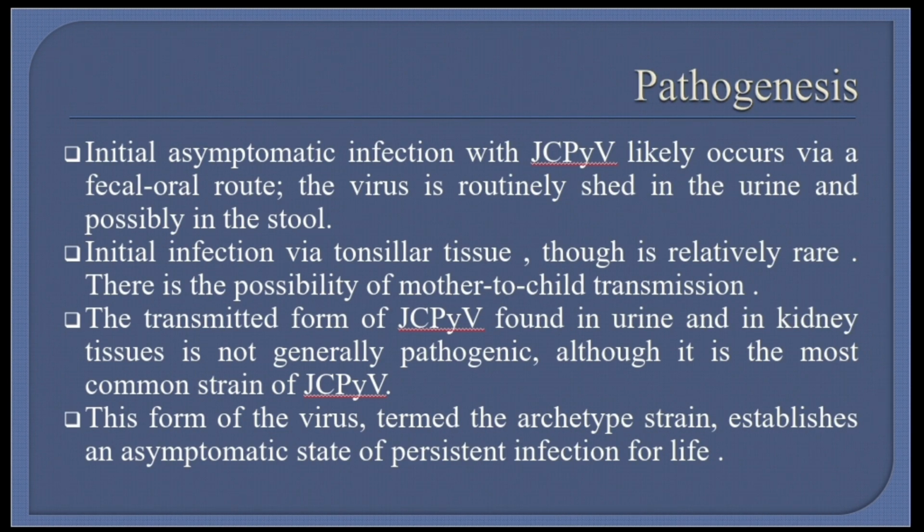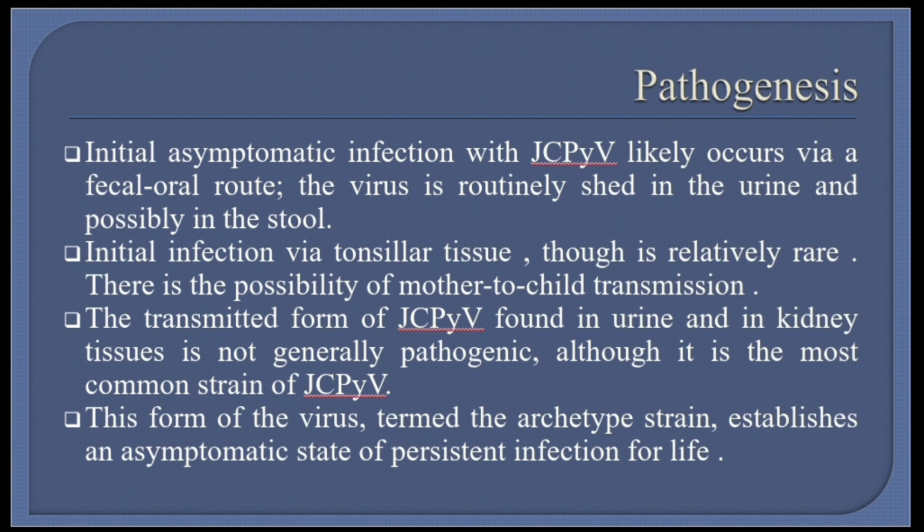Pathogenesis of JC virus. Initially, asymptomatic infection with JC polyomavirus likely occurs via a fecal-oral route. The virus is routinely shed in the urine and possibly in the stool. Initial infection via tonsillar tissue is relatively rare, and there is a possibility of mother-to-child transmission.